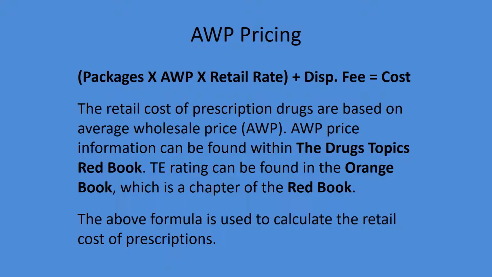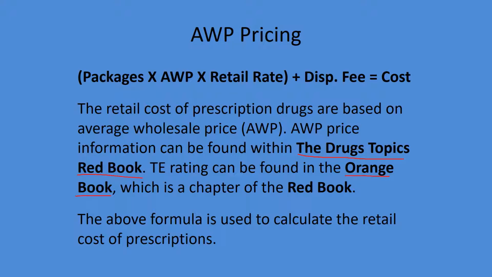AWP pricing. AWP stands for average wholesale price, and the average wholesale price is published in the drug topics Red Book. If you're ever looking for therapeutic equivalence ratings, like brand and generic equivalents, that's a chapter within the Red Book.